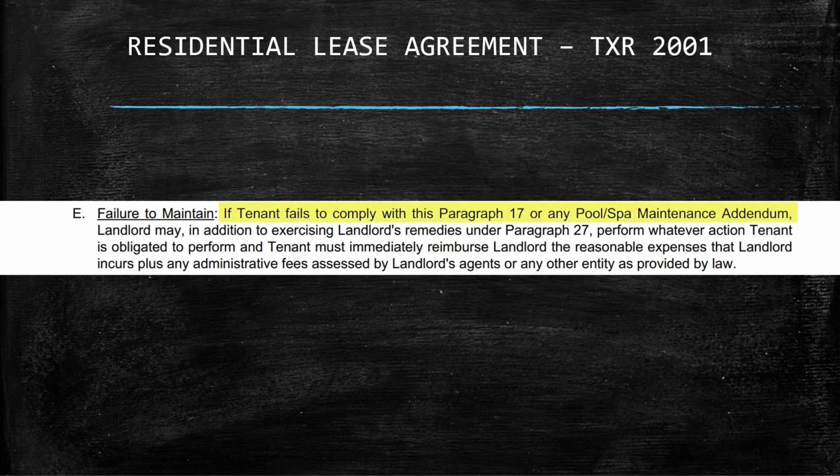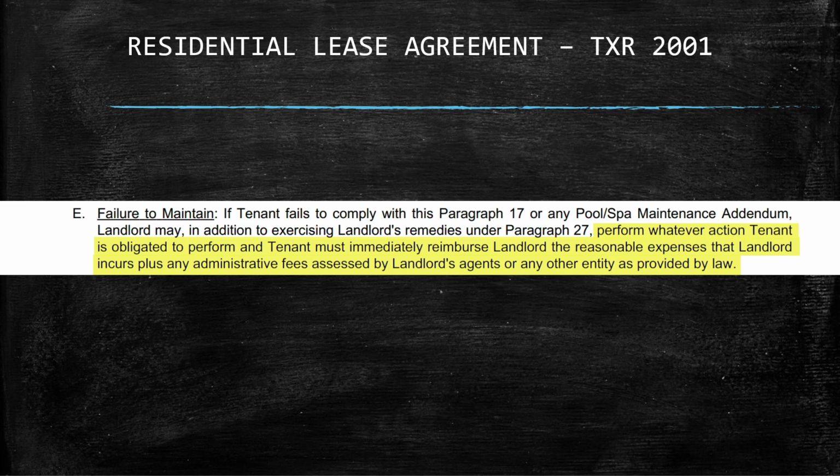If the tenant fails to comply with this paragraph 17 or any pool or spa maintenance addendum, then in addition to exercising landlord's remedies under paragraph 27, which is the default paragraph of the lease agreement, the landlord may perform whatever action the tenant was supposed to do, and the tenant must immediately reimburse the landlord the reasonable expenses that landlord incurs, plus any administrative fees assessed by landlord's agents or any other entity as provided by law.